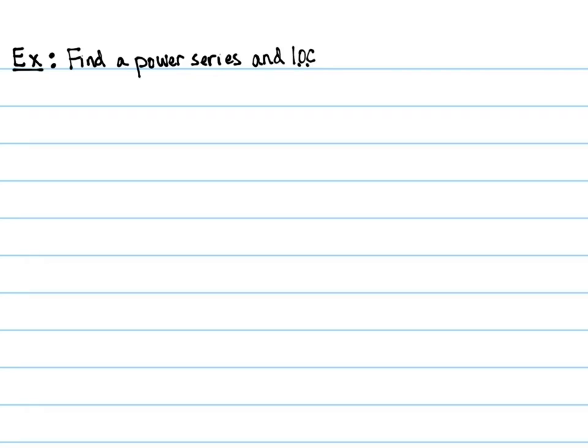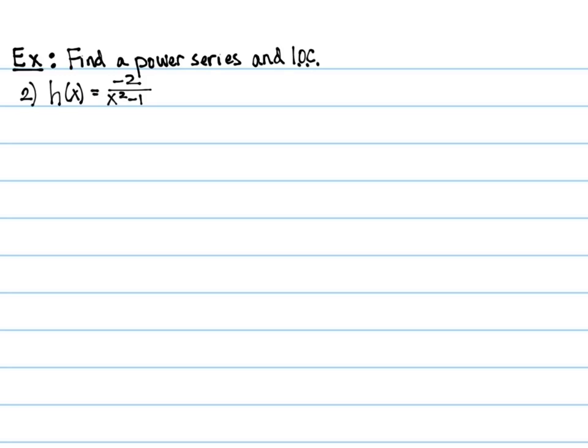I am abbreviating it IOC, okay? And the function, rather, that we're going to look at on this one is h of x equals negative 2 over x squared minus 1.